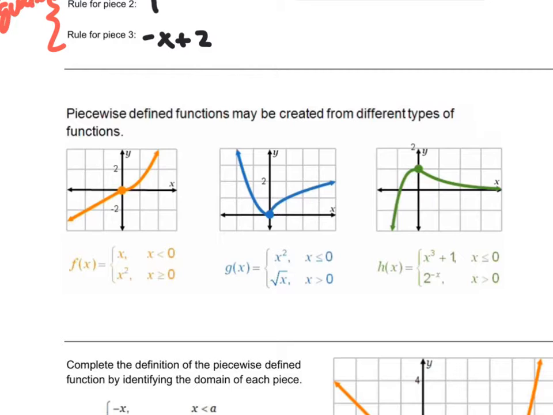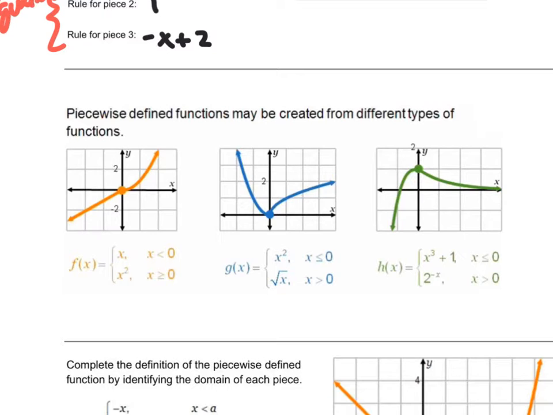Okay? Same thing on this next one, function g. When x is less than or equal to 0, when x is negative, on this side of the graph, you have a parabola, x squared. Then at 0, that function changes, and then you have the square root of x, the eyebrow.